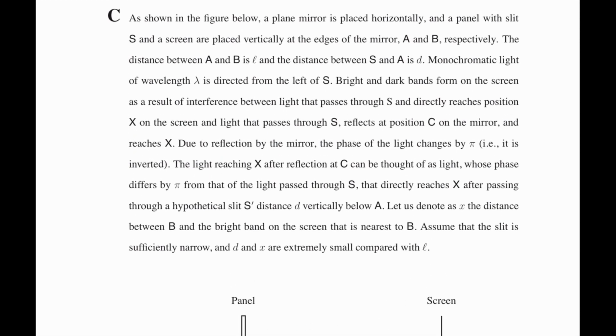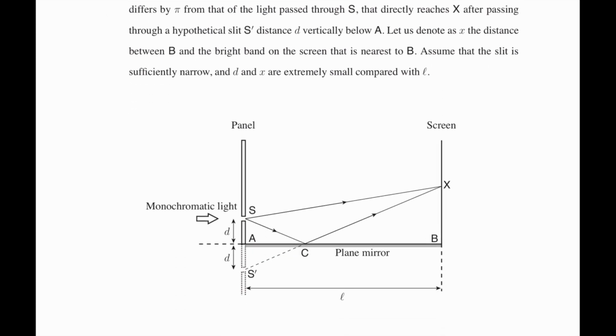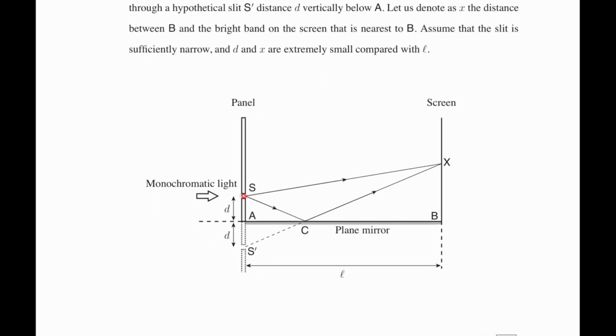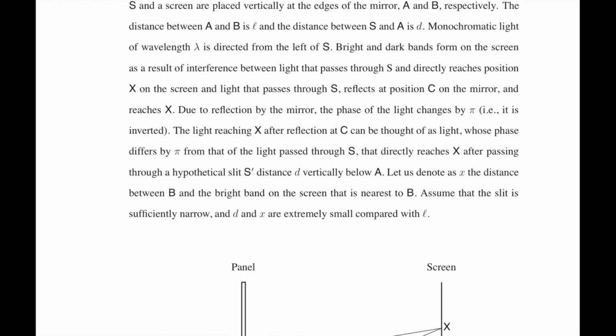The distance between A and B is L, as you can see here. The distance between S and A is D. The distance from the slit to A is D. Monochromatic light of wavelength lambda is directed from the left of S.